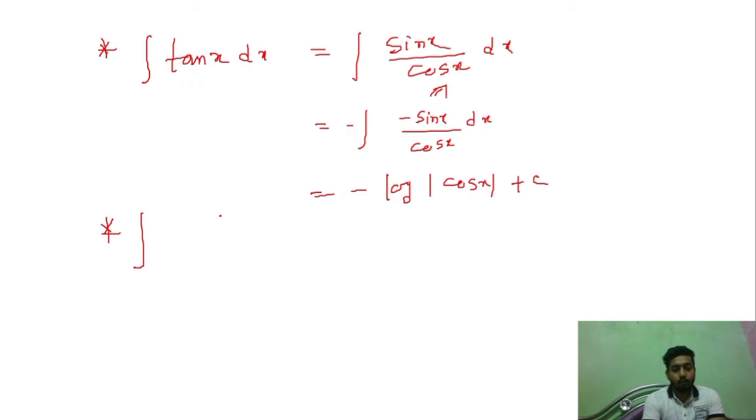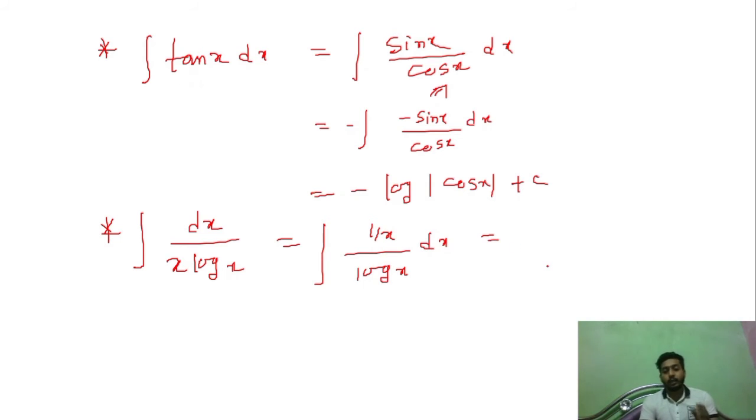Again, what will be the integration of dx by x log x? Now we can write it as 1 by x log x dx. Here the denominator is log x and the numerator is 1 by x. Now the derivative of log x is 1 by x.